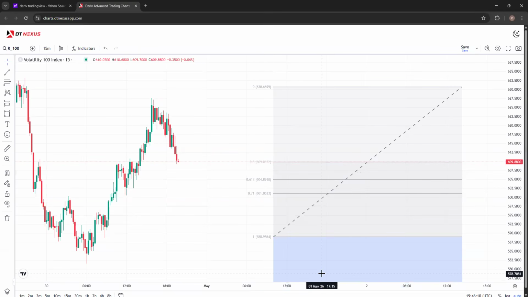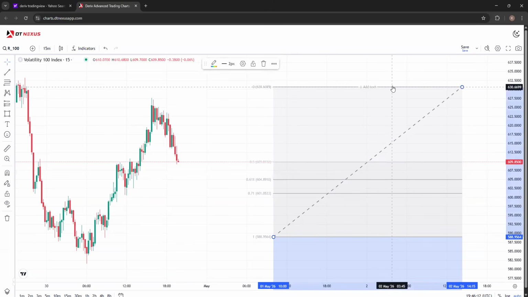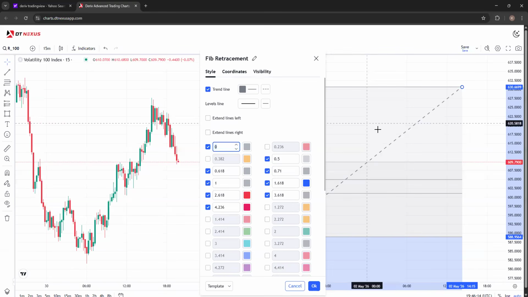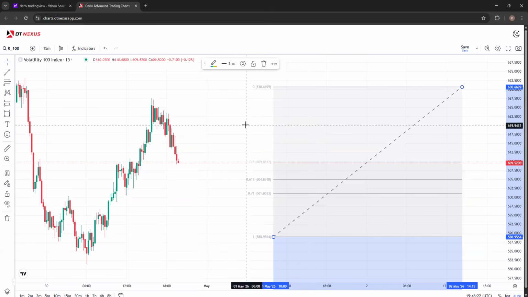So the whole idea is when a trade retraces, we're expecting it to retrace around these three markings, which is the 0.5%, the 0.618%, and the 0.71%.